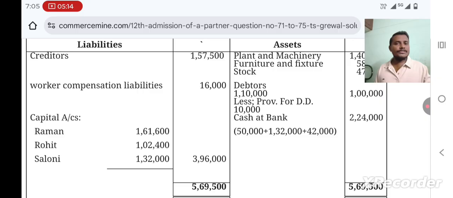So 50,000 plus 1,32,000 plus 42,000. So we'll give you the updated bank balance. So if you total it now, the balance sheet will tally perfectly, and that's all, and that's how you find out the proportionate capital method.